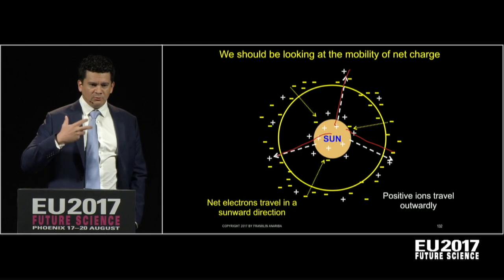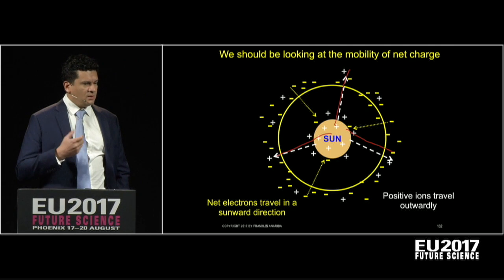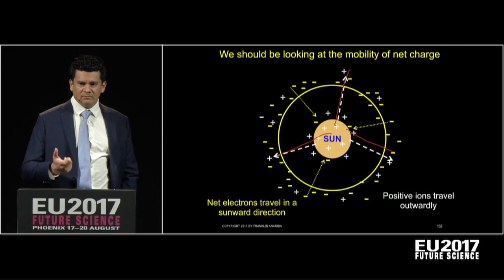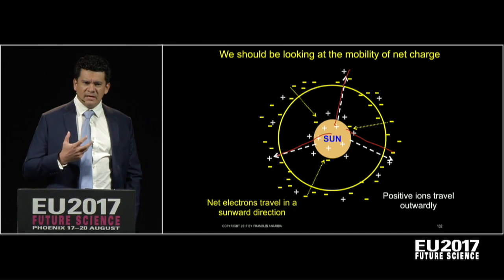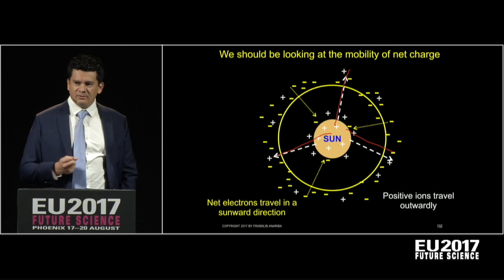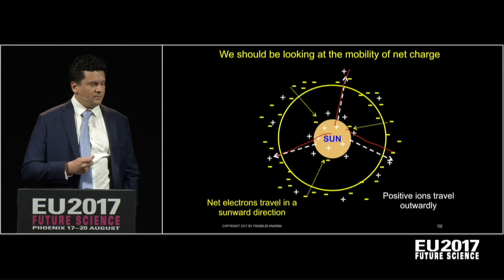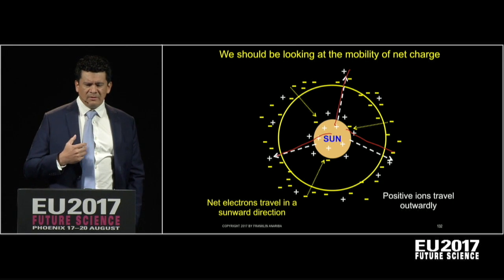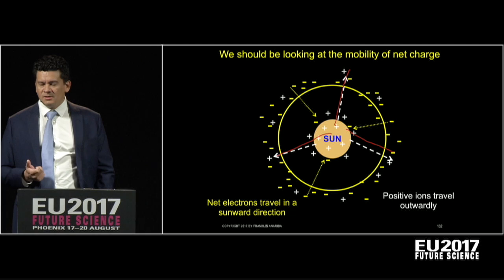So you see all the positive ions, either helium, protons, and so forth, or even heavy metals. They should have a tendency to move to the periphery of the heliosphere, because that's where the negative charge is. So it would be a natural tendency for these particles to move in that direction. Now, a lot is happening in between, so it's not a simple model, but the net charge should be in that direction, right?